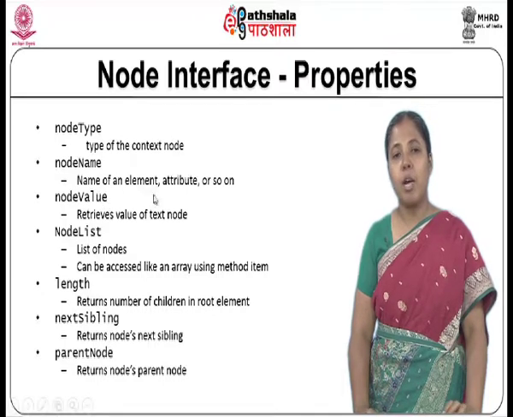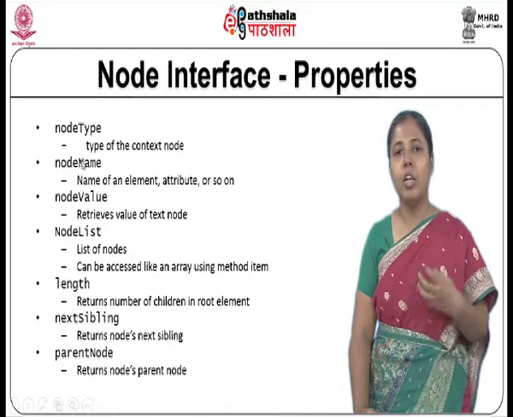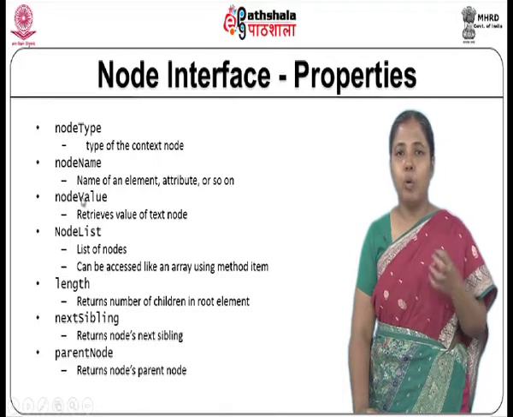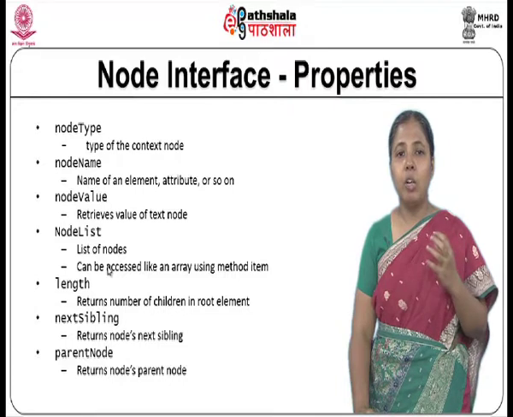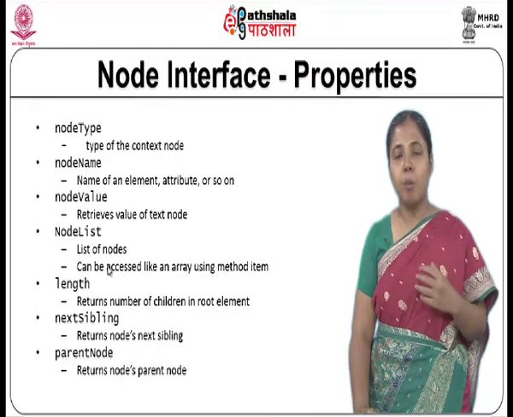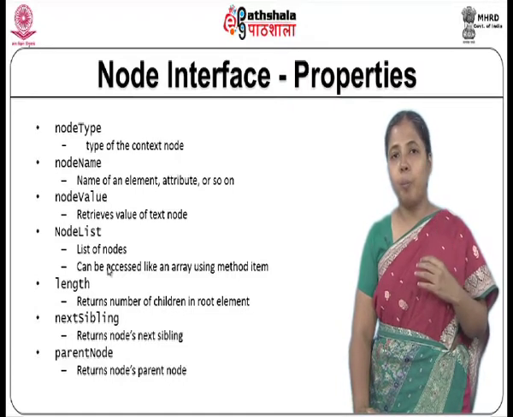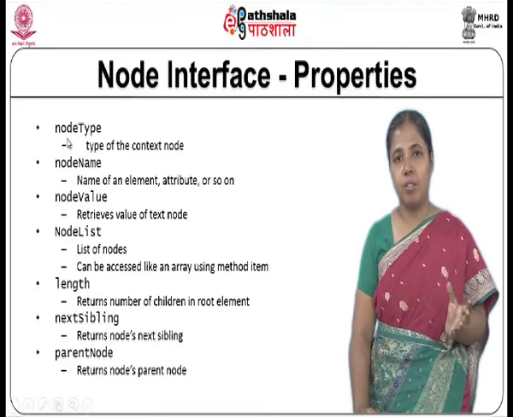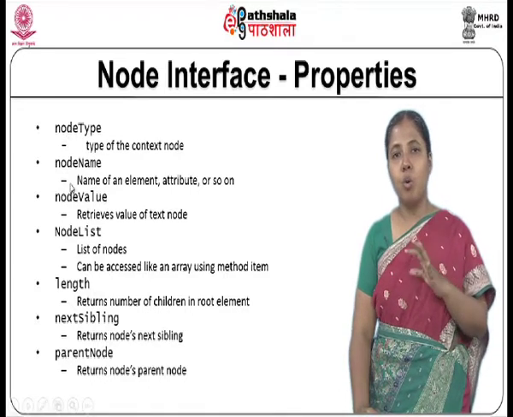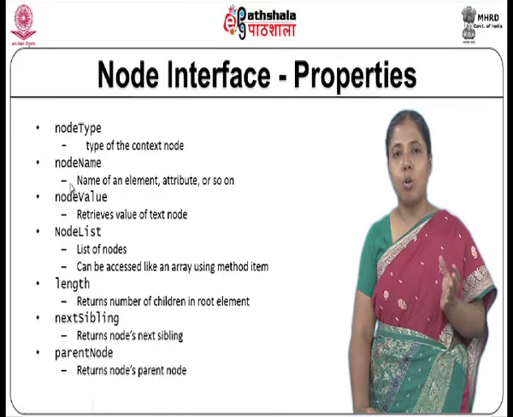Then node name represents the name of the node. It can be an element node, an attribute node, a text node or whatever it is. There are several properties, but not all the properties hold good for all the interfaces. For the nodes for which a property does not hold good, it returns a null value.